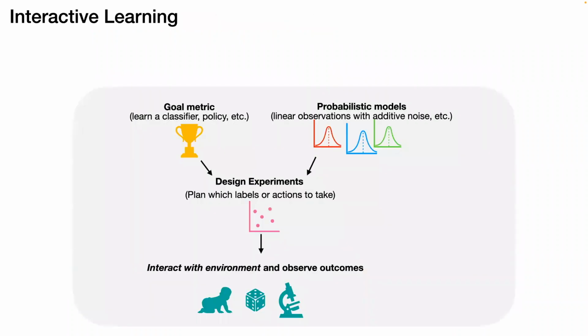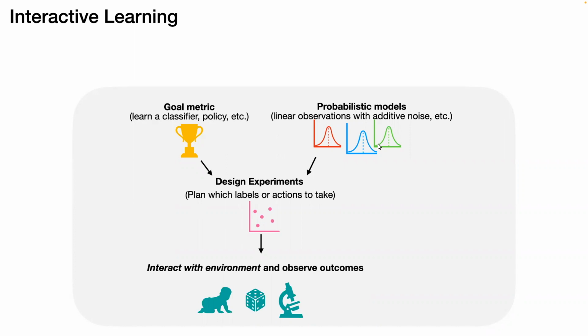Just so everyone's on the same page, this talk is about interactive learning or active learning or adaptive experimental design. I use these terms interchangeably and synonymously. The way I think of adaptive experimental design is that you start with some goal metric, like you want to learn a classifier or a contextual bandit policy. And you also consider a bunch of probabilistic models.